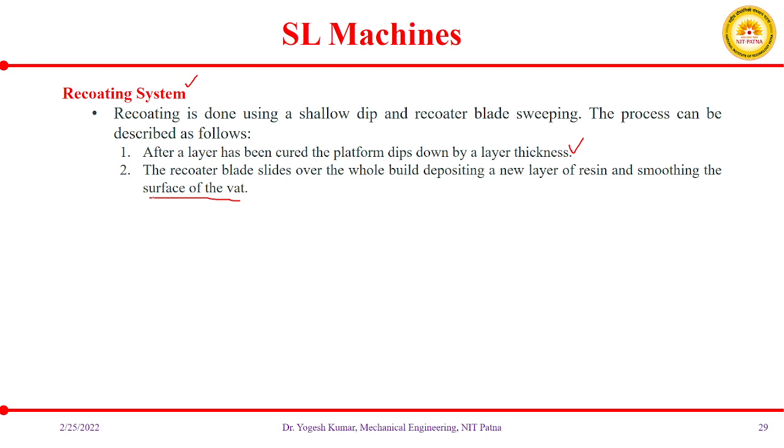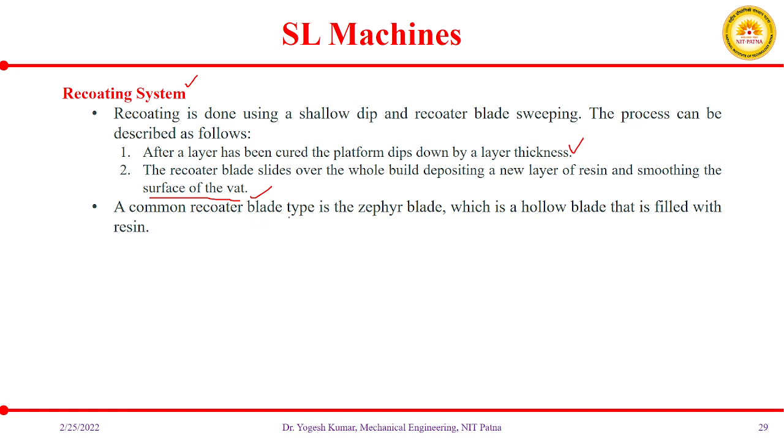So for that, your recoater blade moves over this whole solidified layer, and it is depositing a new layer of resin and also smoothing the surface of your vat. There may be some small surface irregularities. These are also smoothed using your recoating system.